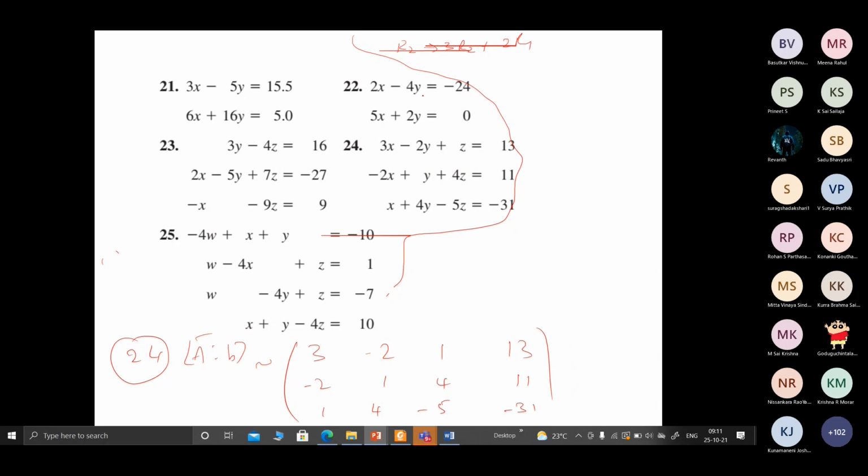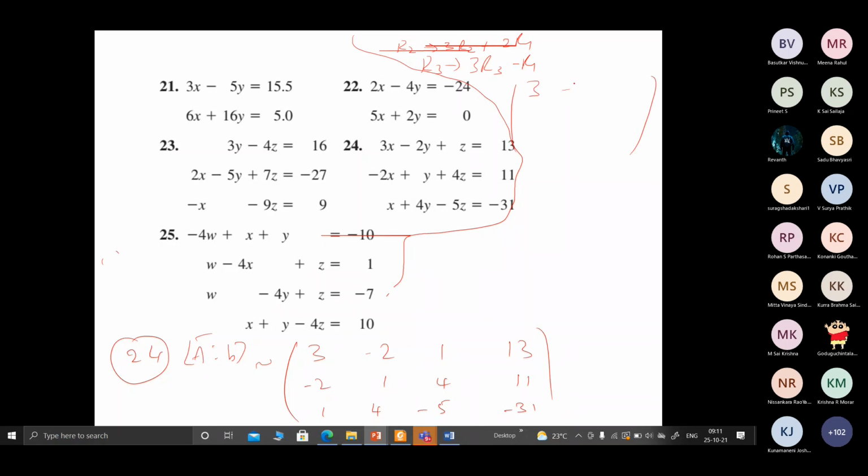I'll multiply this by 3, this by 2 and add. That's it. Then R3 becomes 3R3 minus R1. That's it. So we'll do that operation.